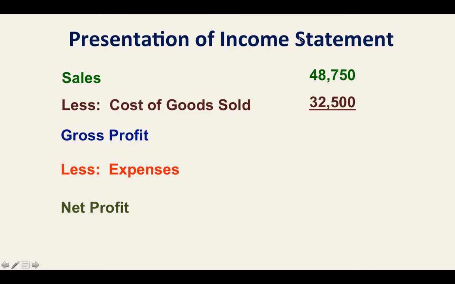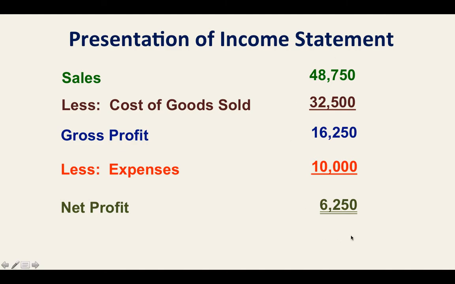Okay? So we have to deduct 32,500 from 48,750. So in this case, our gross profit is 16,250. Less expenses, assuming that we have an expense of 10,000, we will have a net profit of 6,250.